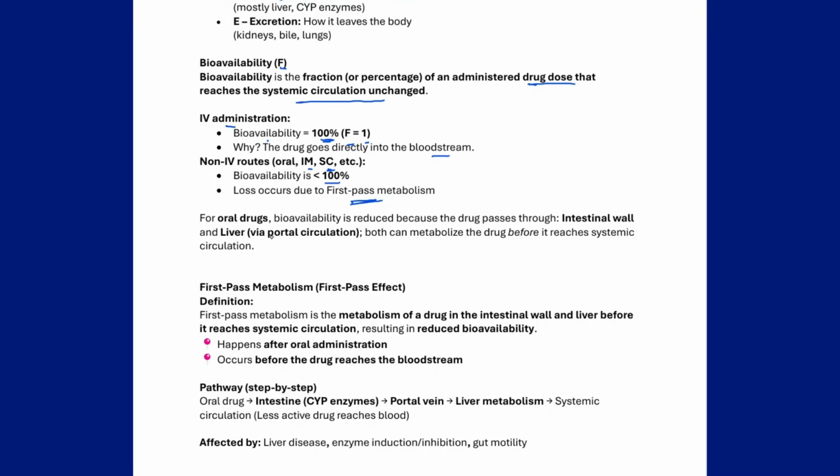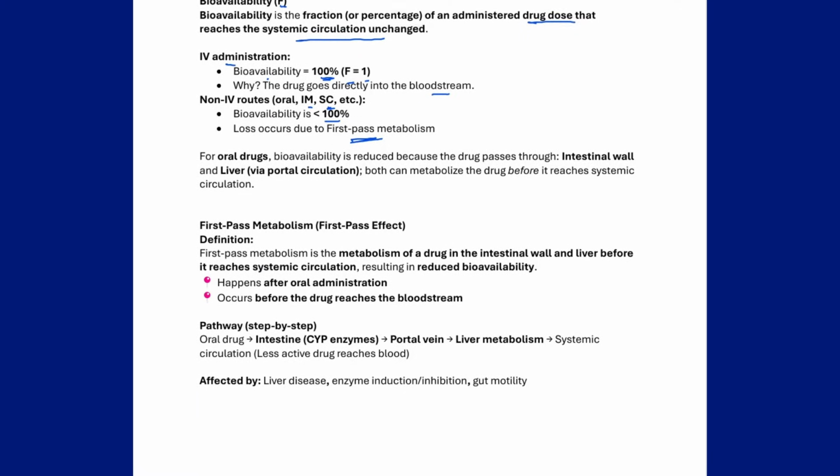For oral drugs, the bioavailability is reduced because the drug has to pass through the intestinal wall and through the liver via the portal circulation before it gets into the systemic circulation. Passing through these areas starts the metabolism of those medications.